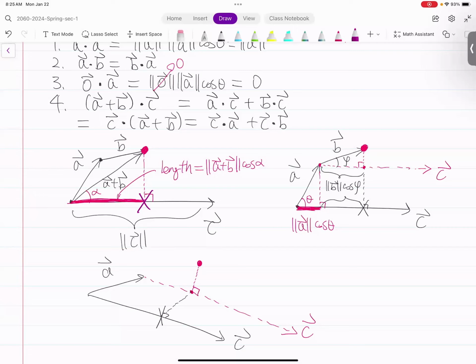Okay, so now our question is mainly this. If I start at the red point right here, and I do the projection down to the black vector C all the way here, will I end up with the same point? Will this projection point in purple be the same as the black one?